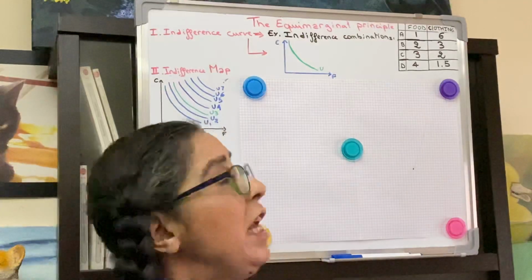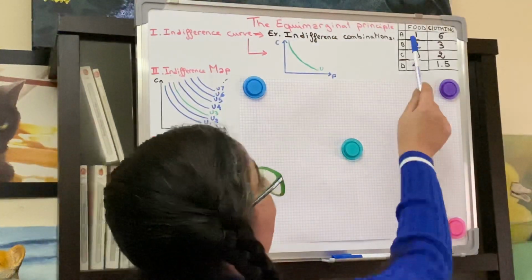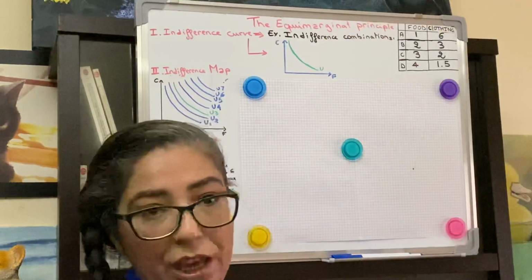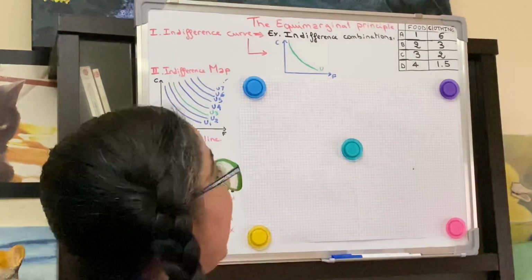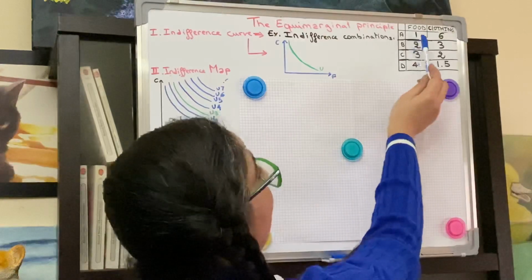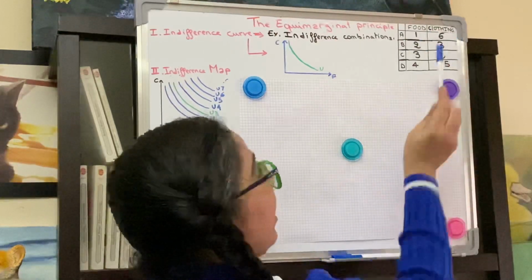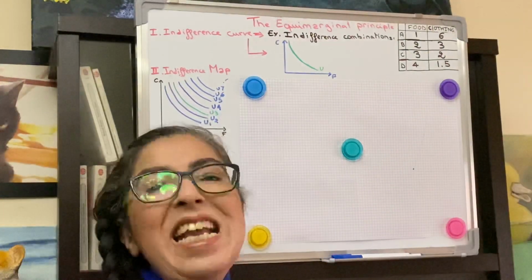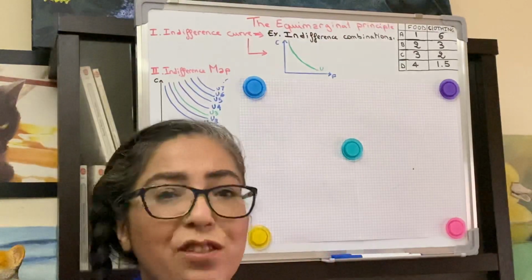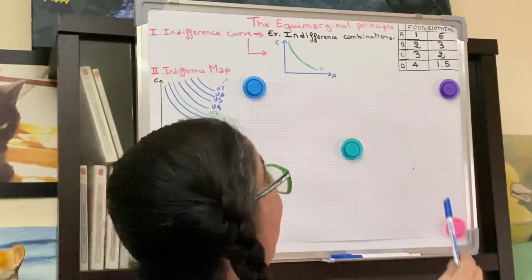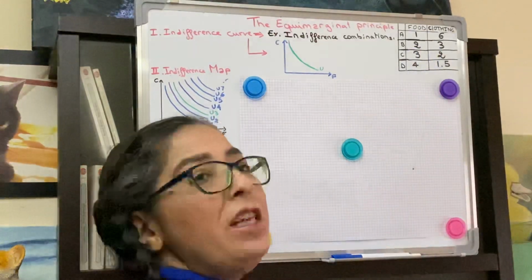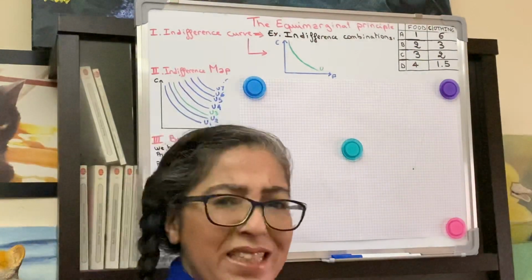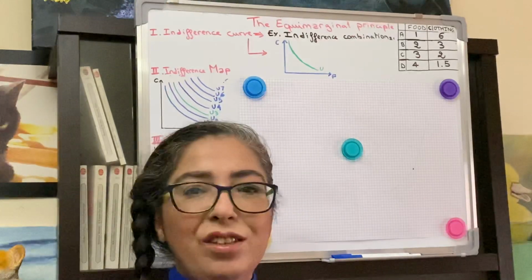In the book, they gave the 2 goods are food and clothing, okay? So for this person that we're studying, having 1 unit of food and 6 units of clothing is exactly as satisfying as having 2 units of food and 3 units of clothing. It's the same satisfaction.